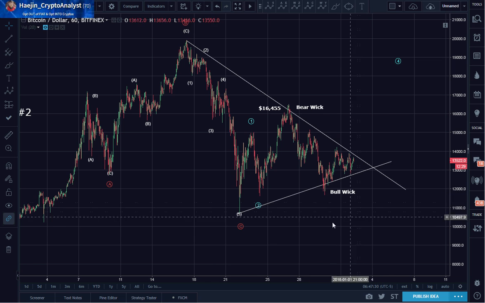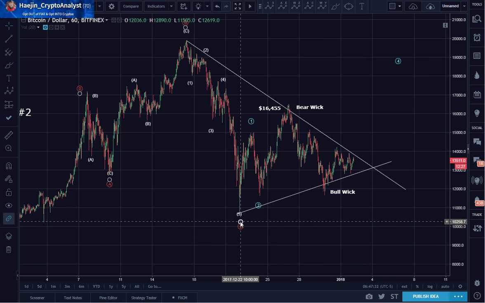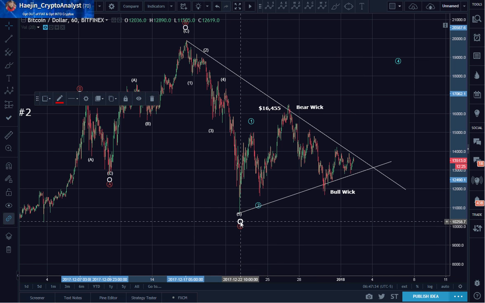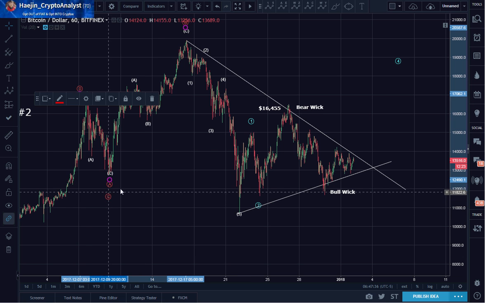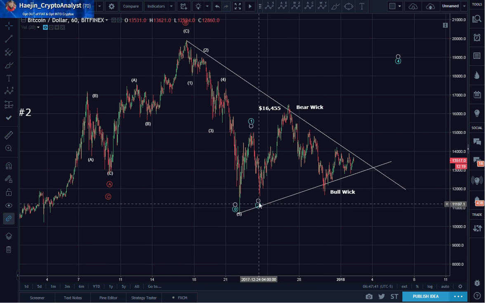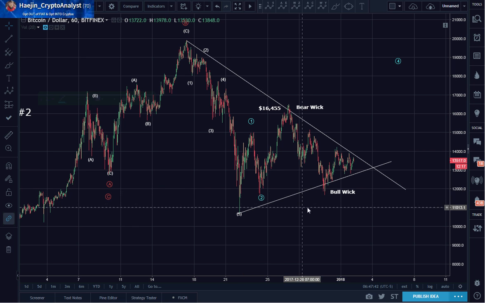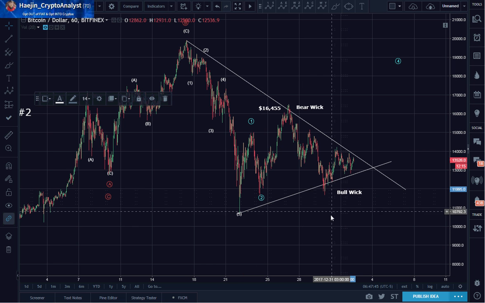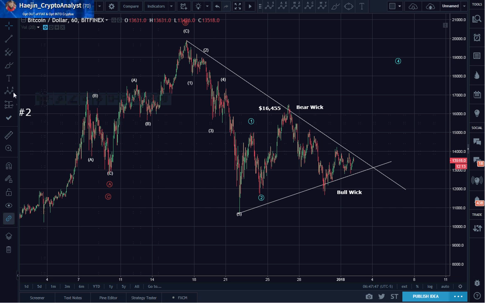Now, if I label this, let's temporarily move that here, in the way a triangle should be labeled, it'll look like this.